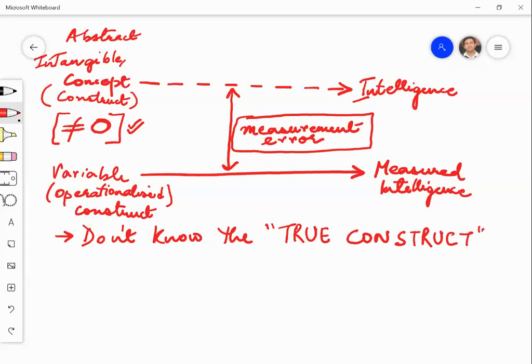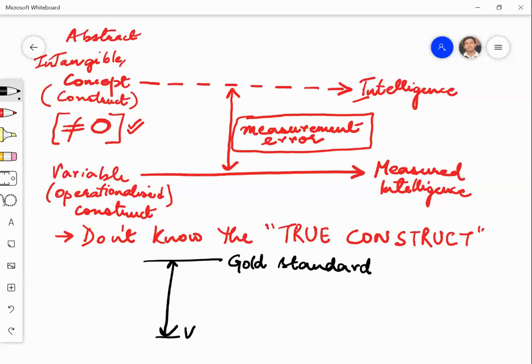See, you can make something zero only when you know what the ideal thing is, only when you know what the gold standard is, right? So what is my gold standard? And then what I am capturing, how far my variable is from the actual true construct.